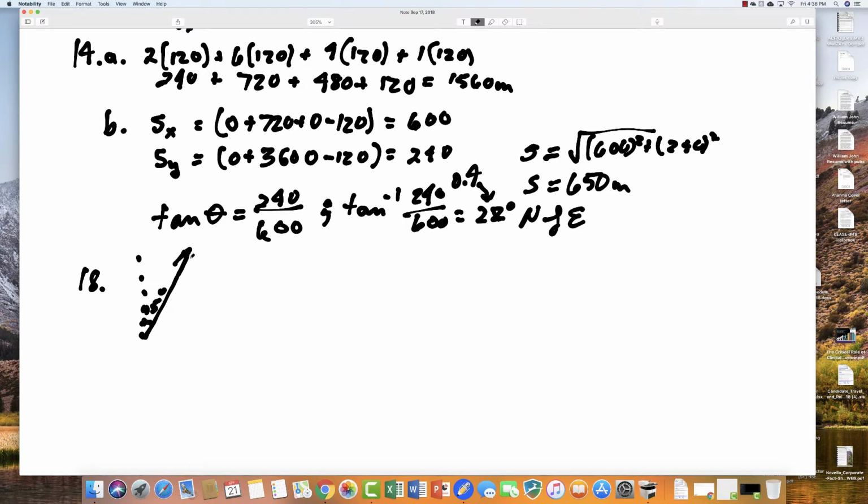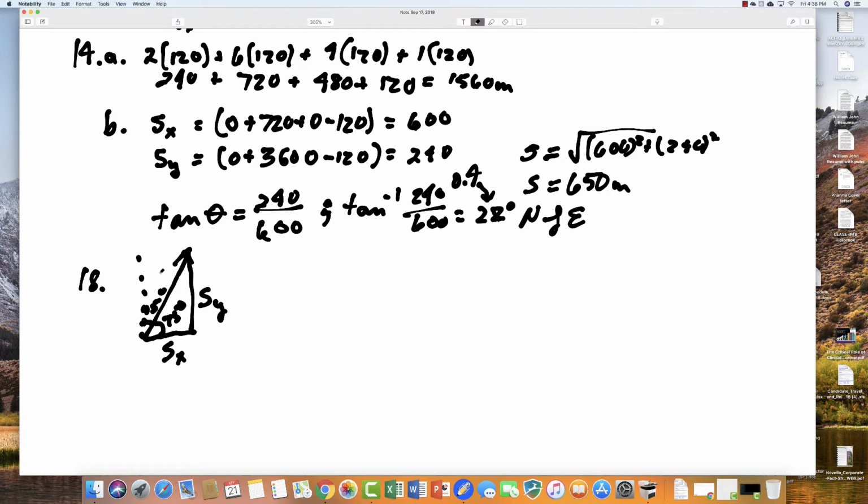And so the question is, if you drove east and then north, so here's Sx and Sy, what would that be? Well, if you complete this, this is 75 degrees. And so this is the side opposite, and this is the side adjacent.